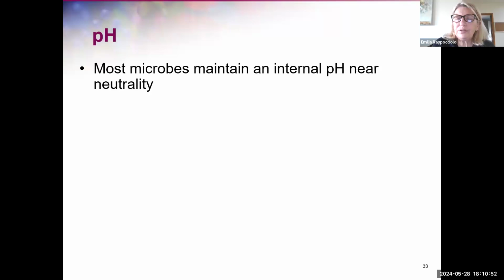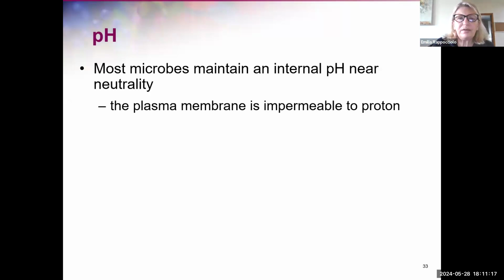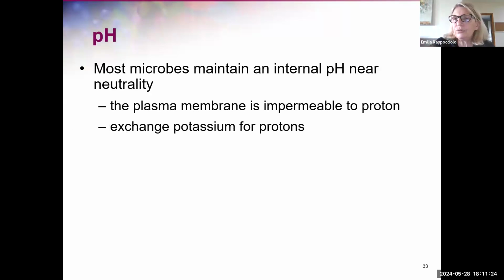Most microbes deal with this problem by pumping protons and keeping the pH inside the cell near neutral. So even if the pH in the environment is acidic and protons enter the cell, they can put the protons out and keep the pH inside the cell at a relatively neutral level. They can do this by exchanging potassium for protons.